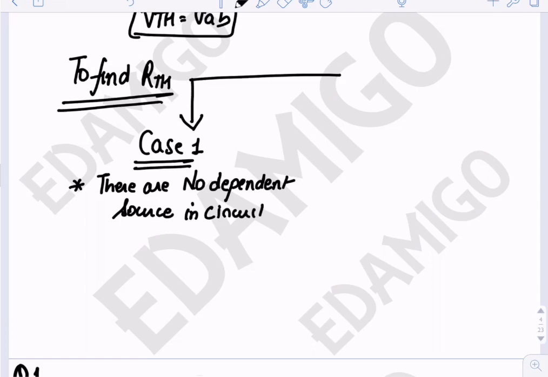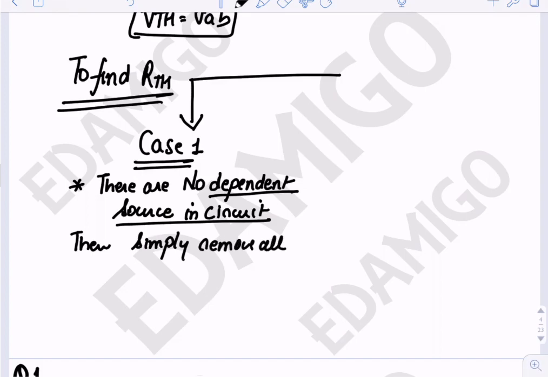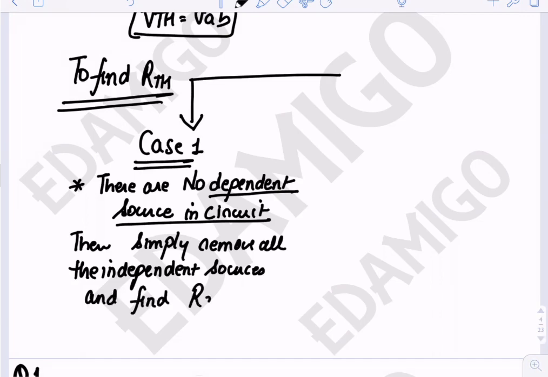Dependent source means the source in which the output is depending on another value of current or voltage in the circuit. So there is no dependent source in the circuit. Then simply remove all the independent sources and find resistance seen between the two terminals A and B.